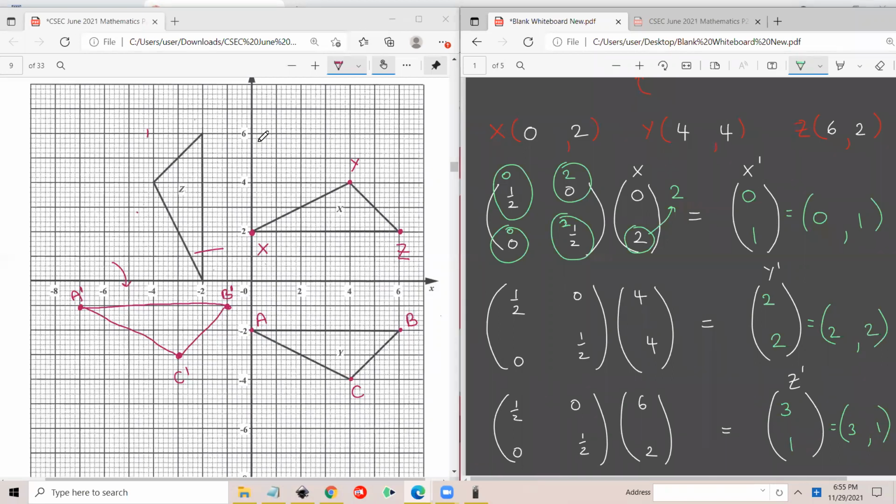So what I have to do now to get full marks is draw this on this diagram, okay? So the first one was 0, 1. The next point was 2, 2. No, sorry. Something wrong there.